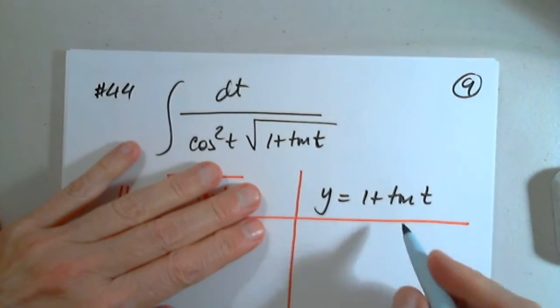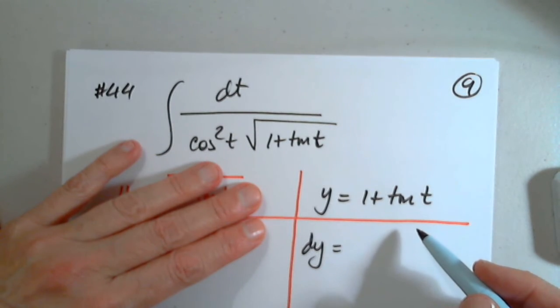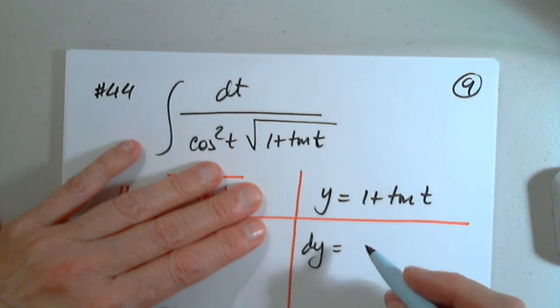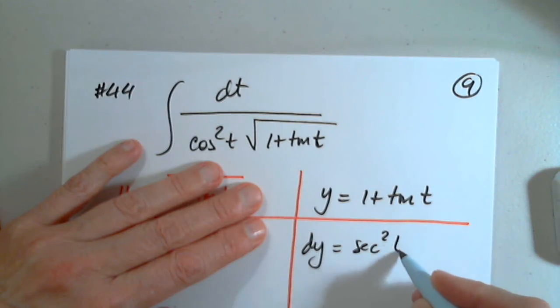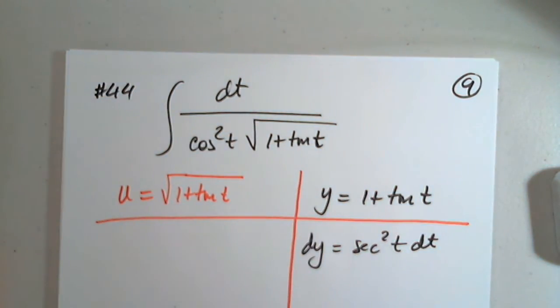Let's get the easy one. dy equals, can anyone give us dy? That's secant squared t dt. Brilliant. Okay, can anyone give us du?